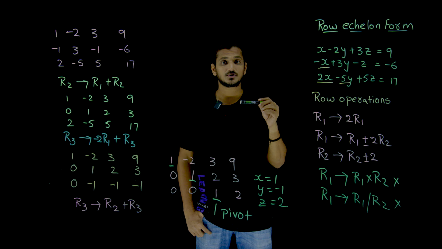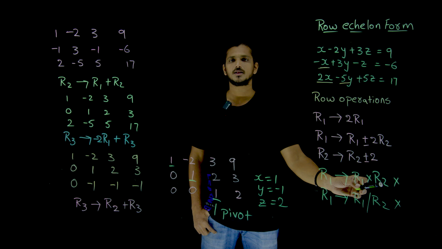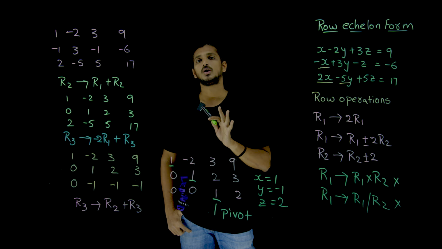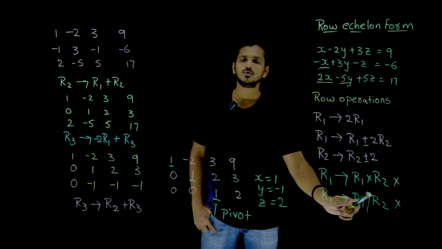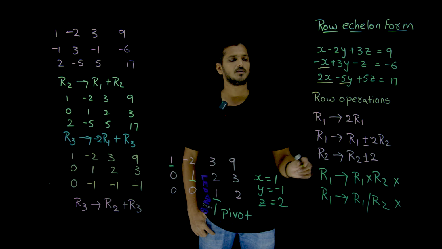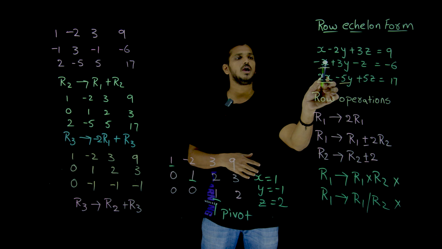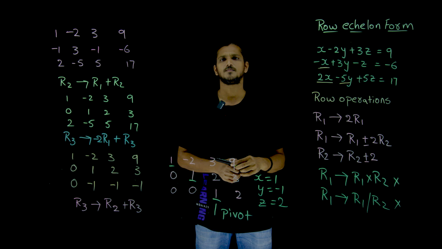What kind of operations are not allowed here? R1 becoming R1 multiplied by R2. Multiplication of two rows is not allowed. Similarly, division of two rows is not allowed. These two row operations are not allowed. The remaining operations are allowed. By using these row operations, we have to eliminate these terms.